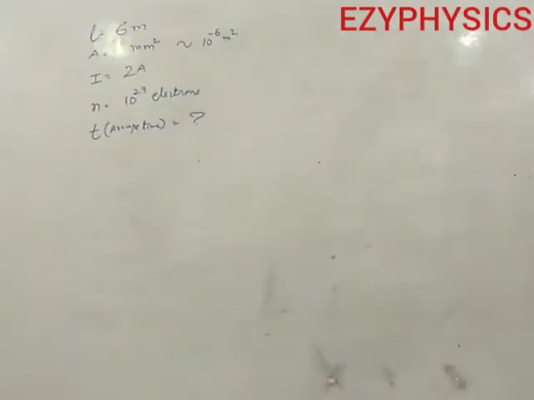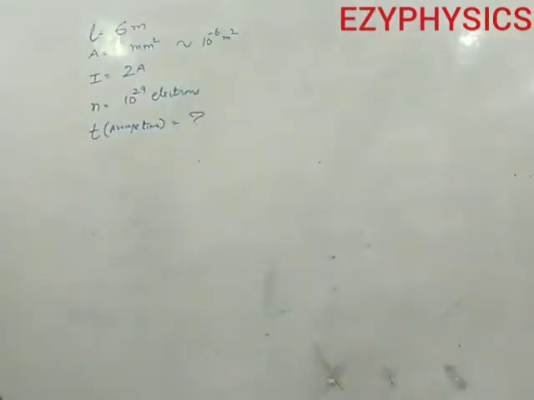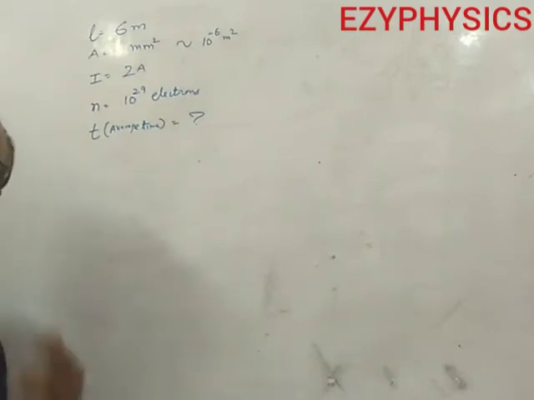My dear friends, as you can see on the board, I have written a small numerical for you. I will just read out the statement, and whatever I have obtained from the statement that I have written here, in the same way you also have to write.